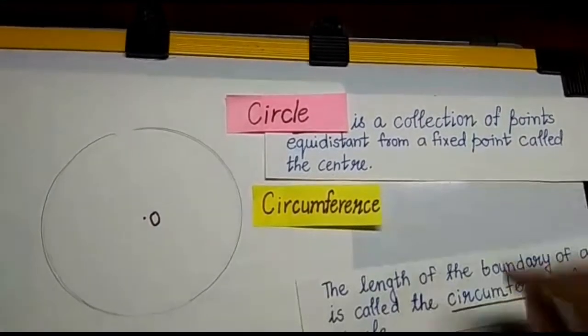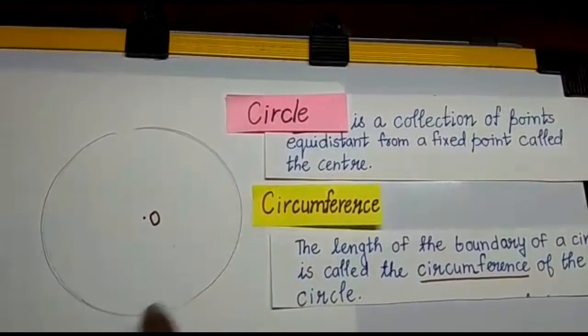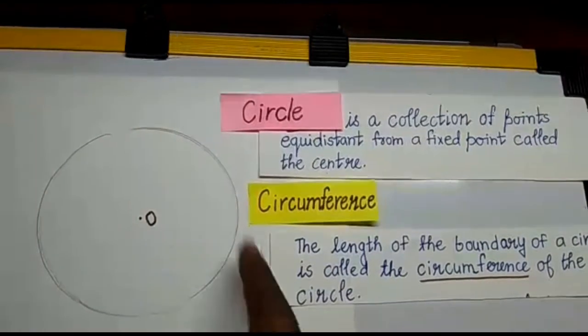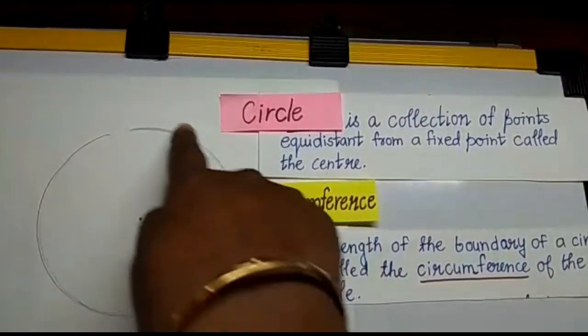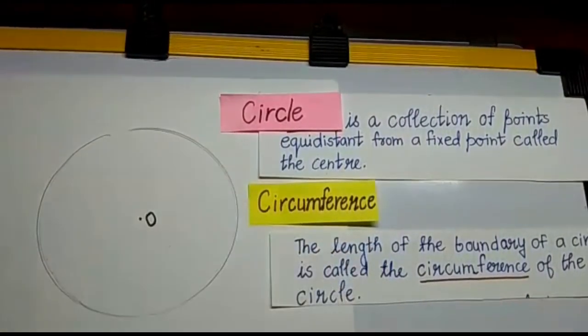Circumference. The length of the boundary of a circle is called the circumference of the circle. This is the circumference of this circle.